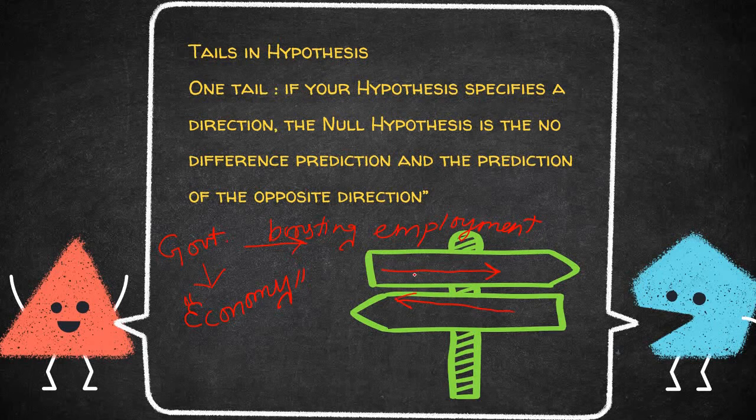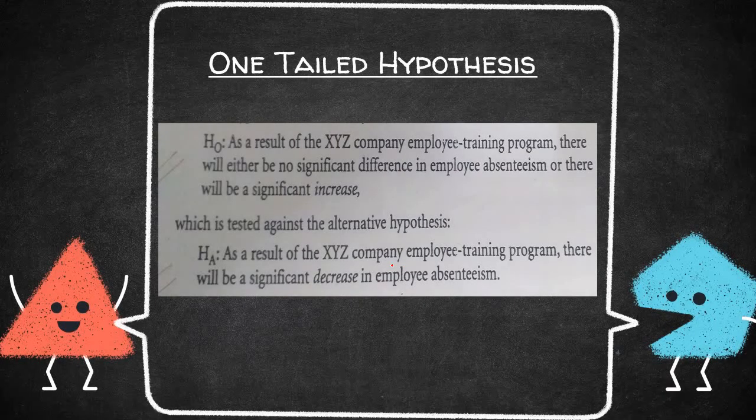So let's try to look into a specific example. Here is a company which believes that a new employee training program will significantly decrease employee absenteeism. So maybe employees are not reporting to the workplace.